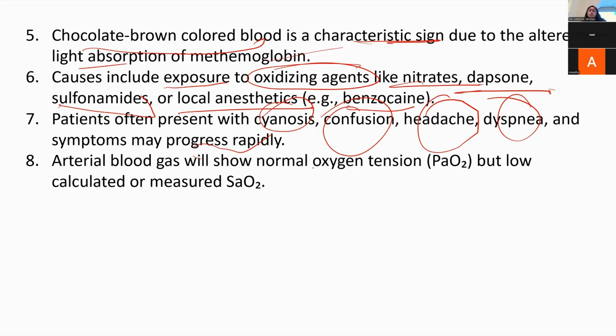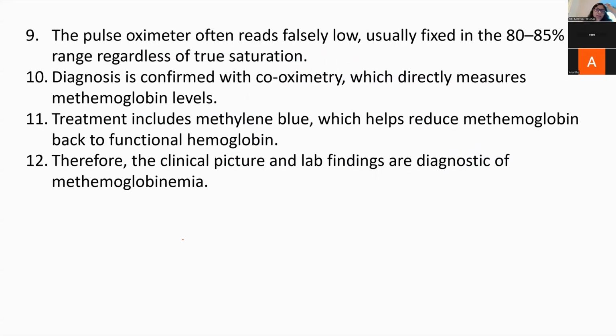Arterial blood gas will show normal oxygen tension but with low saturation. Pulse oximeter will often read falsely low, usually around 80 to 85% range, regardless of the true saturation. Diagnosis is confirmed with co-oximetry, which directly measures methemoglobin levels.